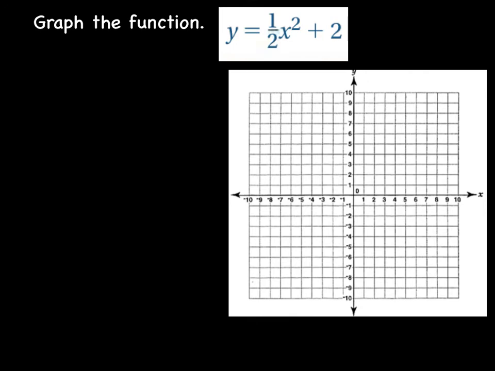Okay. So let's see if we can graph this function. Y equals 1/2 x squared plus 2. And let's think about where that vertex would be for that graph. Okay. Well, remember the parent function of y equals x squared. Okay. Where was its vertex?